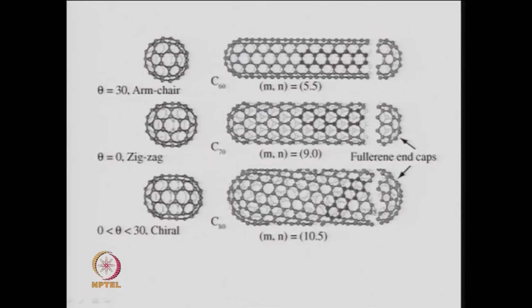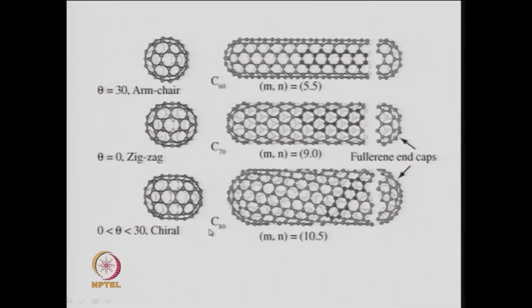And for this particular nanotube, to close the end of the nanotube, the structure that you need is different from what you need for this nanotube and this nanotube, and if you calculate, you will find out that this end can be capped by a fullerene which has 80 carbon atoms, and if you take that fullerene and divide it into half, then that hemisphere, although it is not a true sphere, it is a kind of expanded sphere, half of that will be capping this nanotube, which is a chiral nanotube.